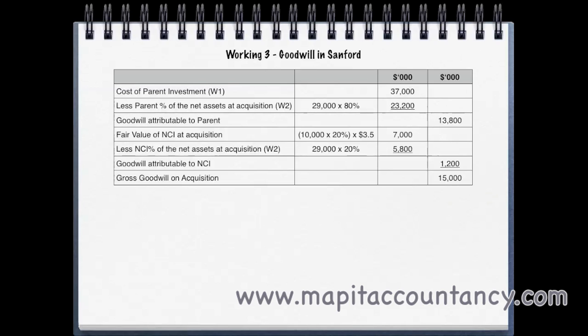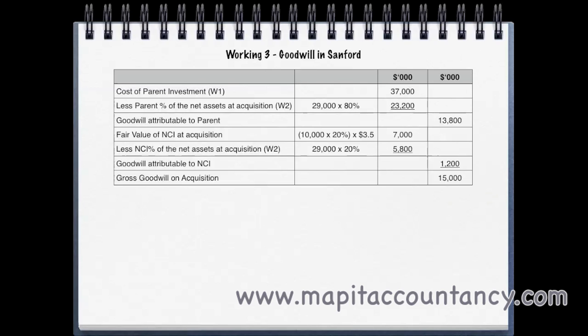However, if you are required to calculate proportionate goodwill, which we may well be required to calculate, because you can, as an entity, choose whichever way you want to value goodwill. So the examiner may well ask you to calculate proportionate goodwill. And that would mean that we only go down as far in this working as the goodwill attributable to the parent of 13,800.